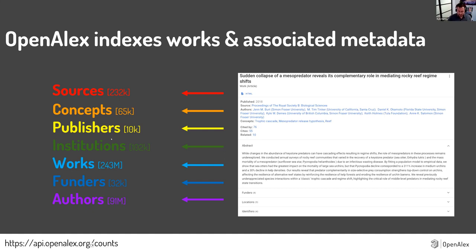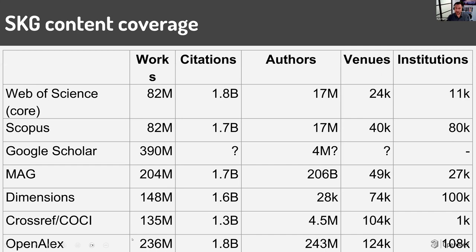And then 10,000 publishers, 102,000 institutions, 243 million works, 32,000 funders, and 91 million authors. You might have noticed on that last page that I showed 243 million authors in OpenAlex.